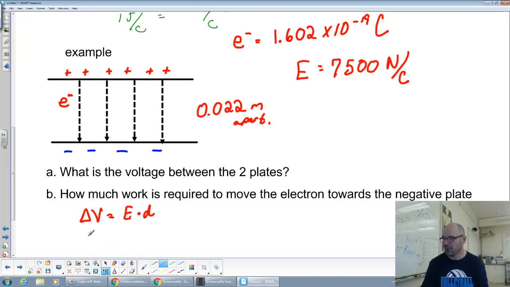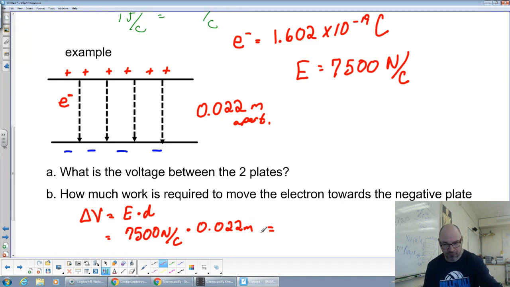Really quite simple to do. The electric field that we had was 7,500 newtons per coulomb times our distance of 0.022 meters. A newton meter is going to give us so many volts, right?